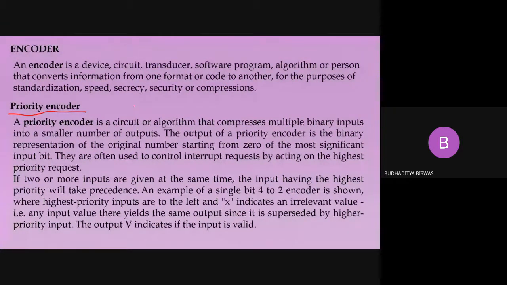So that means at the same time, if so many interrupts appear at the processor, then based on the priority level, it will select the proper interrupt. Same, I gave an example: at the same time I tell you to do something, I give you one K-map, please solve the K-map for me.